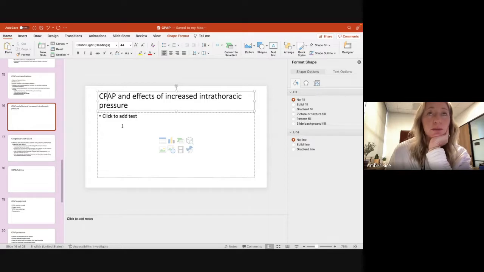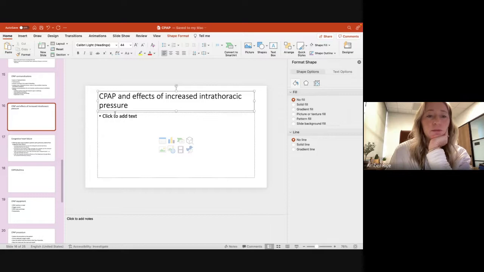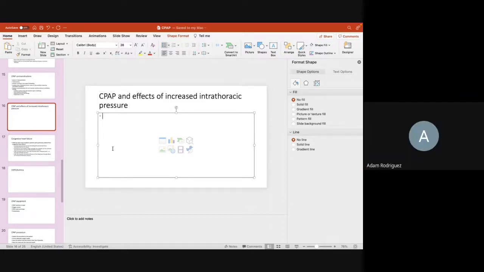So if you put someone who's hypovolemic or already kind of hypotensive on CPAP, you run the risk of lowering their blood pressure further. Something simple, perhaps, like overinflation of the lungs can cause collapse or compression of the great vessels and further lower blood pressure.